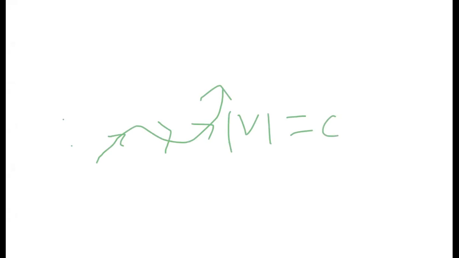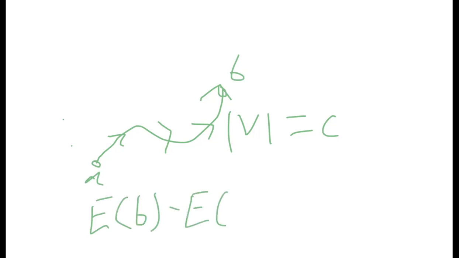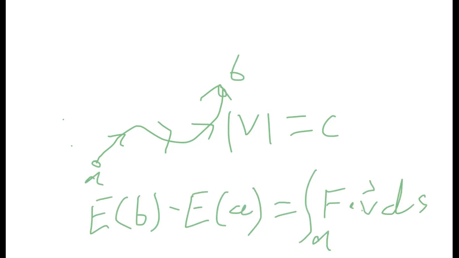Then what we have is that along this curve, if this is A and this is B, we have E at B minus E at A is equal to that integral of f dot v ds from A to B. So next, our question is, what is f?